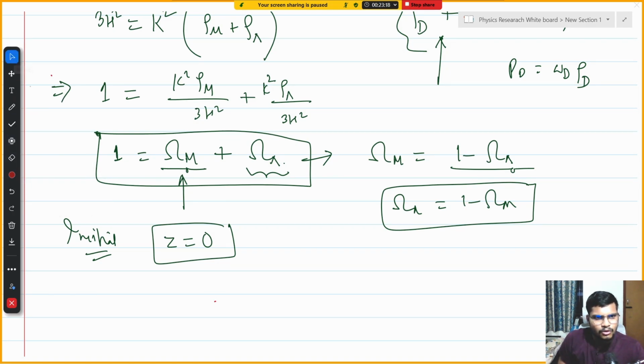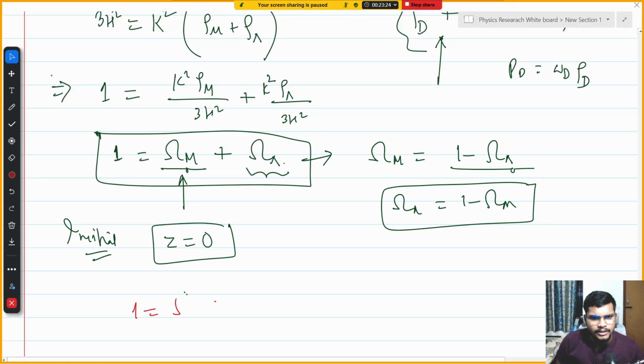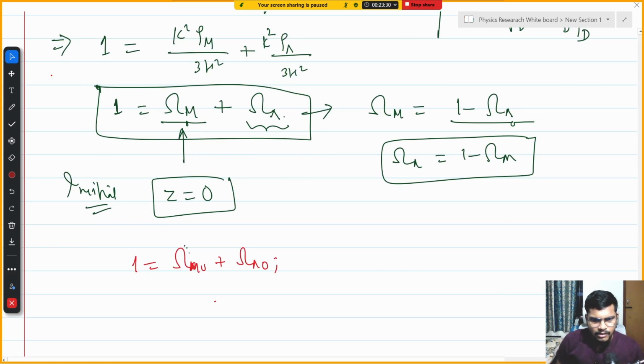I can simply represent this as omega m0 and omega lambda 0. I want to vary my omega m0, and I can easily find omega lambda 0 just by varying omega m0.